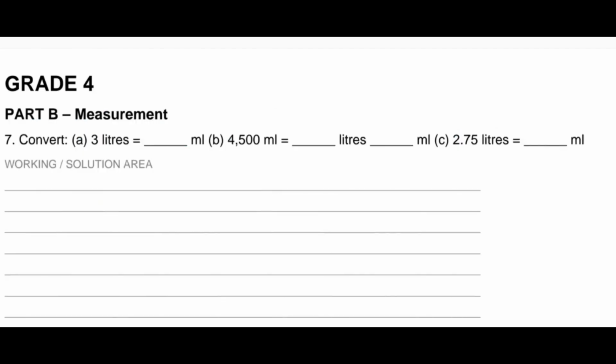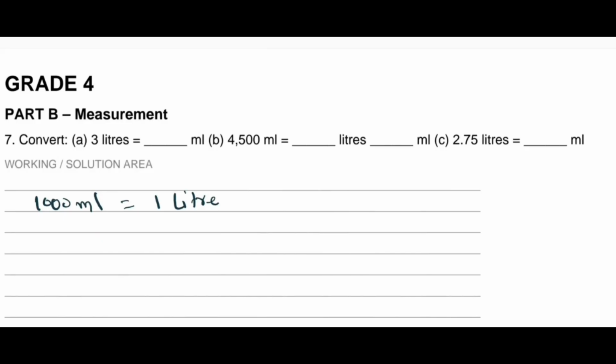So what you need to know about this question is that you need to know how many milliliters make 1 liter. Now, 1,000 milliliters is equal to 1 liter.